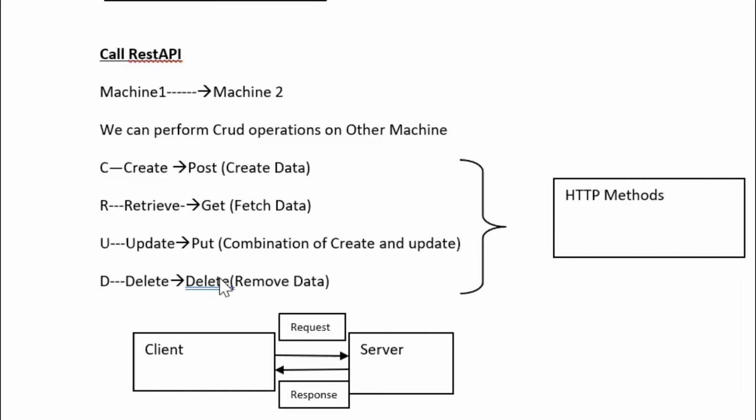Put is a combination of create and update, because updating means you're creating a new entity and replacing the old entity with it. Delete is to remove data. Commonly, these are the 4 operations that an API performs: create data, retrieve information from the database, update the information, and delete the information. Also known as post to create, get to fetch, put to update, delete to remove. So this is the terminology we're going to use in REST API: post, get, put, delete.